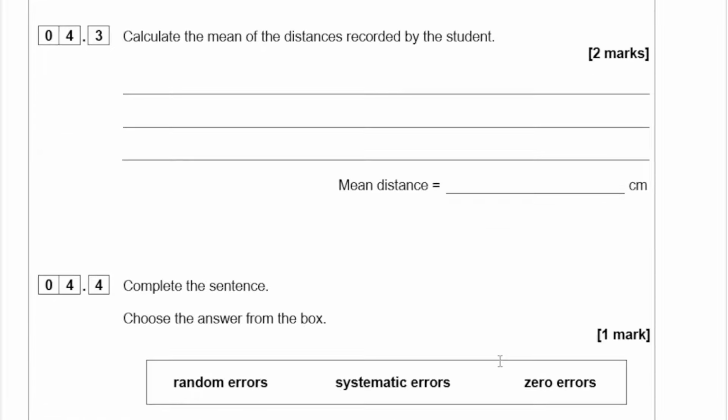You don't really have to write this out. When you're doing it in the exam, you can just enter it into the calculator and get the answer. So 19.5 divided by 5 would give me 3.9 centimeters. Writing the answer as 3.9 on its own will give you the 2 marks.